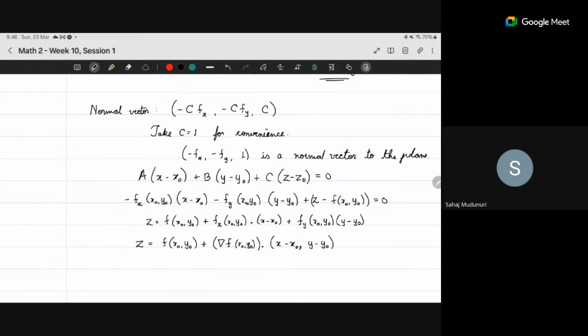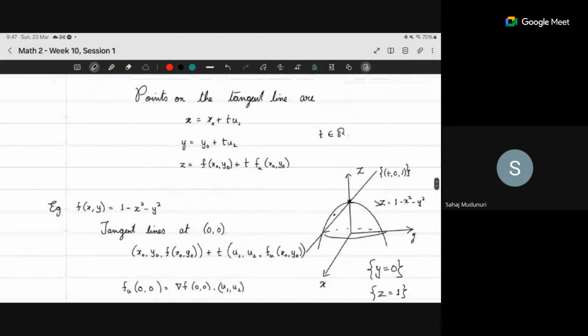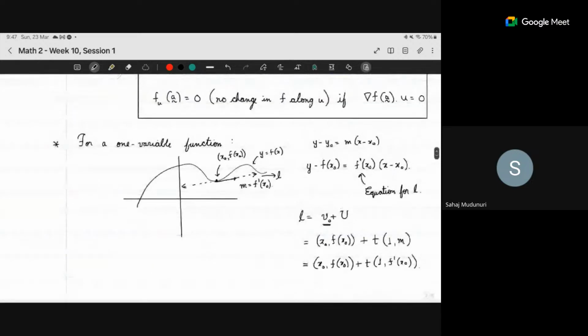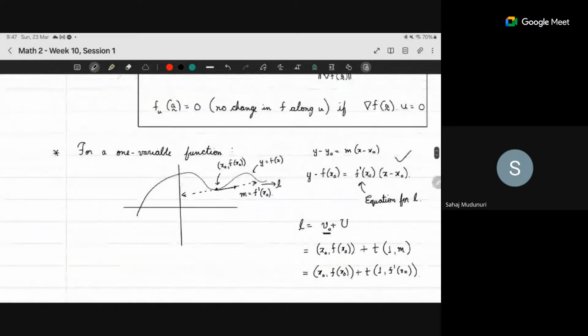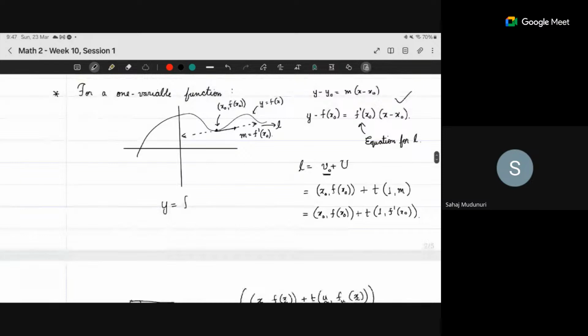So what is the advantage of writing it in this form, or why did I do all these simplifications in this manner? Let's go back to the one variable case. The equation of the line is of the form y is equal to, I'm just going to rewrite it, f(x0) plus f prime of x0 times (x - x0).